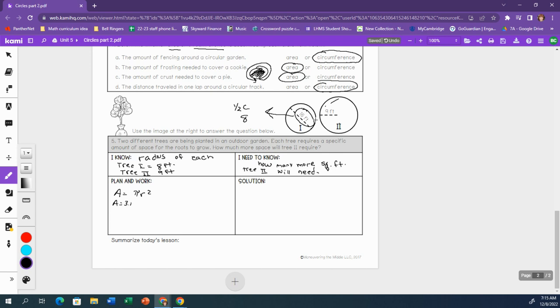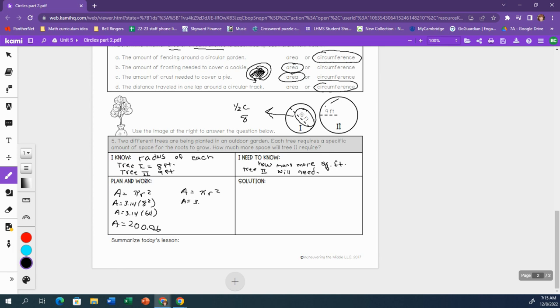Area equals 3.14 times 8 squared. So area equals 3.14 times 8 times 8 is 64. Area equals 200.96.